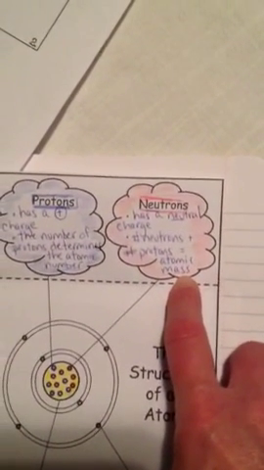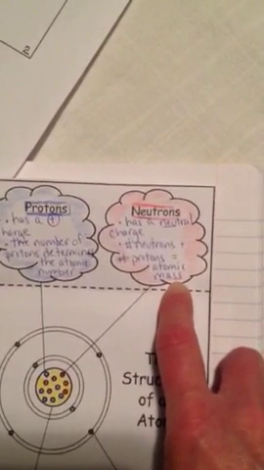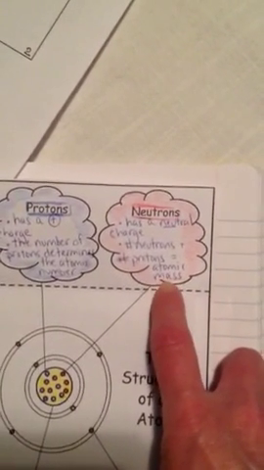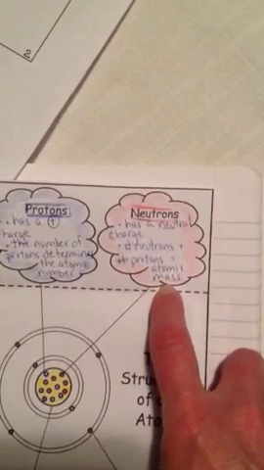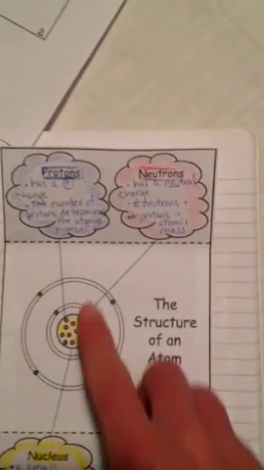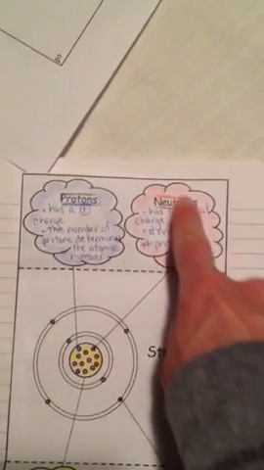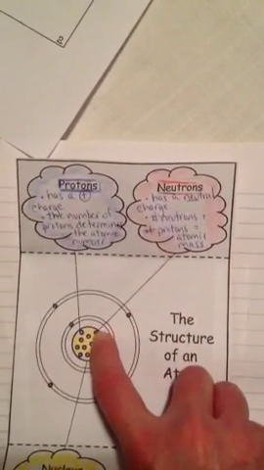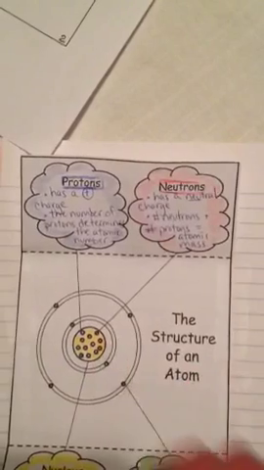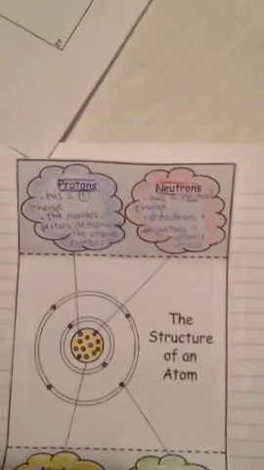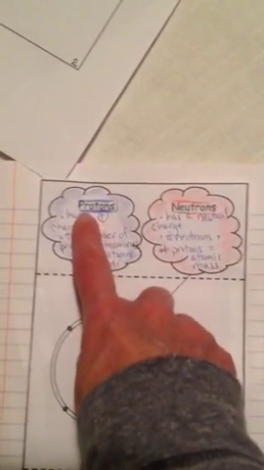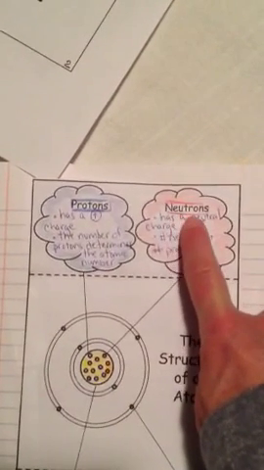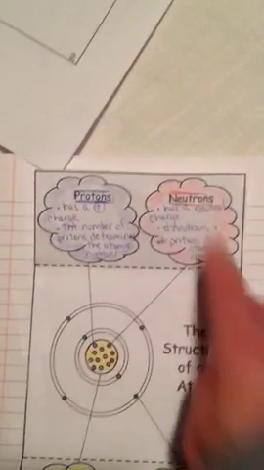Yes, even a particle as tiny as an atom does have mass. We remember what that word means. I colored the neutrons red, the neutron cloud red, and I also colored 6 of the particles inside the nucleus red. Protons positive, neutrons neutral. That's a good way to remember that.